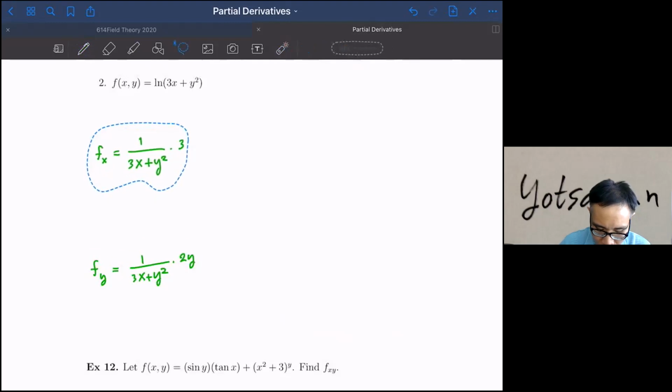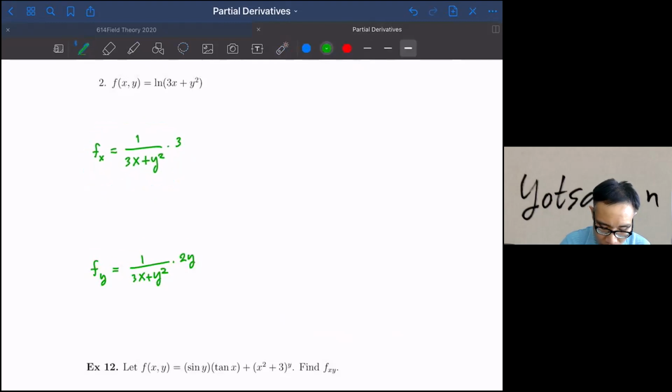When you have 3 here, it comes from d dx of 3x plus y squared, and you have 2y here.